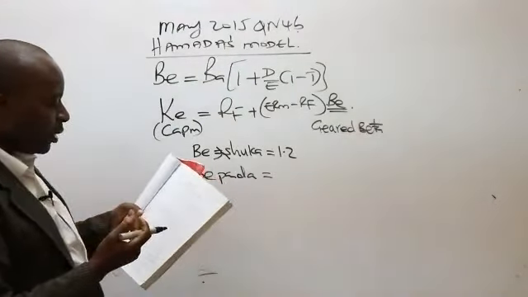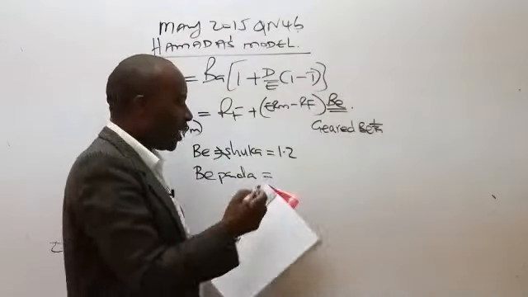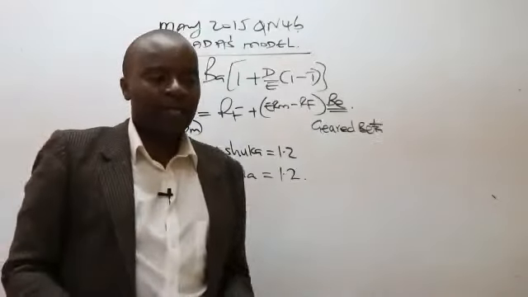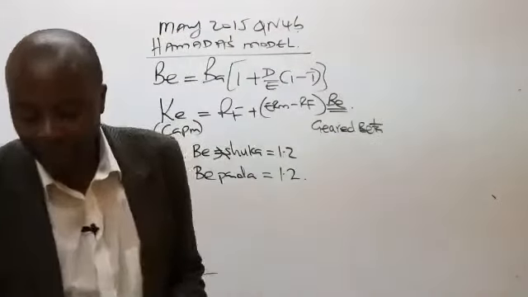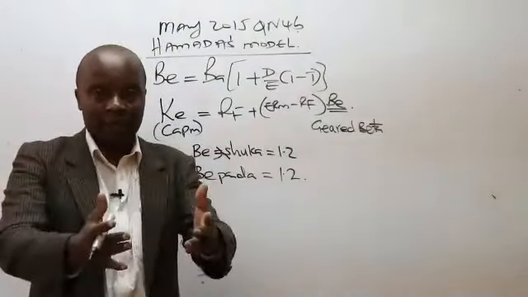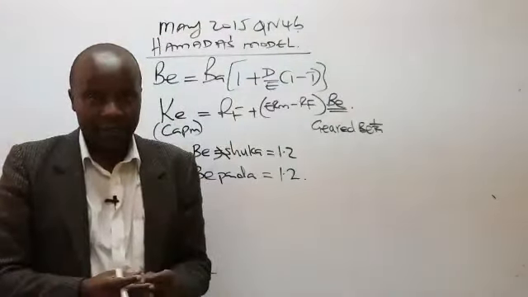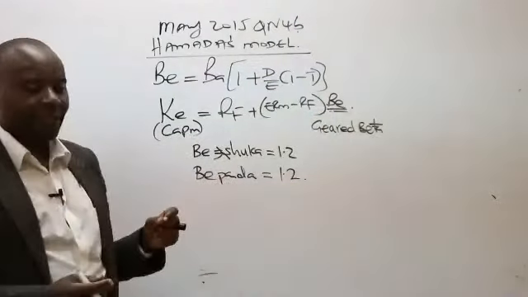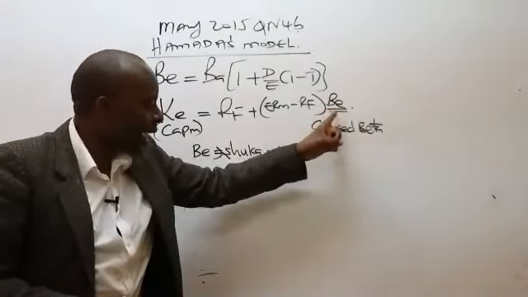So beta equity of Panda is also 1.2. But you see, my greatest students, I would want you to learn one thing. These are two companies coming together, a husband and a wife coming together, a couple, right? So which beta equity am I going to use here and why?